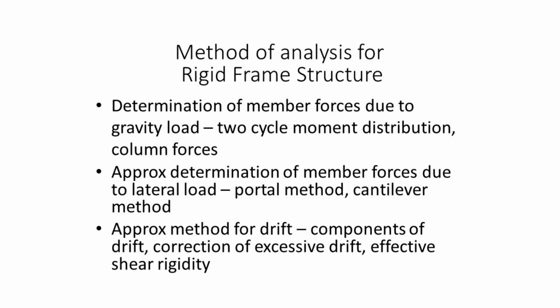Approximate determination of member forces due to lateral load uses the portal method and cantilever method. Approximate methods for drift include components of drift, correction of excessive drift, and effective shear rigidity. The method will also be explained in Chapter 2.